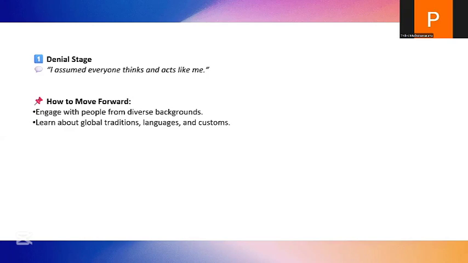You have to go to their level and see there are diverse cultural backgrounds, and you have to learn about those global traditions, languages and cultural customs. Otherwise, we will not be able to go for global level business communication. Okay.